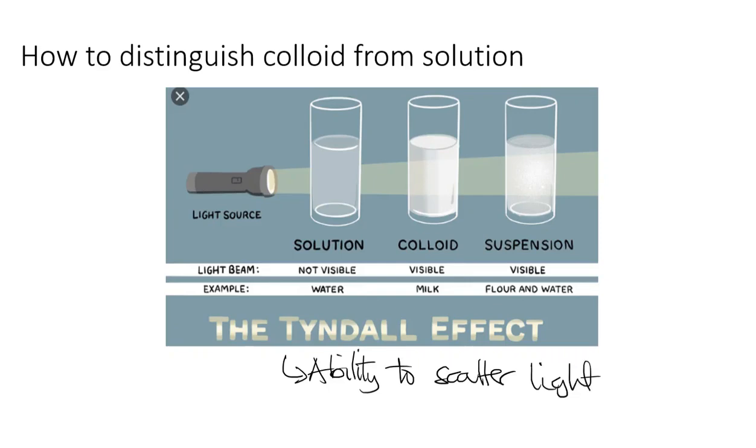So as you can see here, if you pass a beam of light through a solution, there is no color, there is no beam passing through this. It doesn't mean the beam is not passing through. The beam is passing through, but it is not scattered, so we can't see the beam. But now look, for the colloid, you can easily see the beam here because light has been scattered. Now the same thing here, this one usually blocks, but if you have tiny suspension, they will also scatter light.